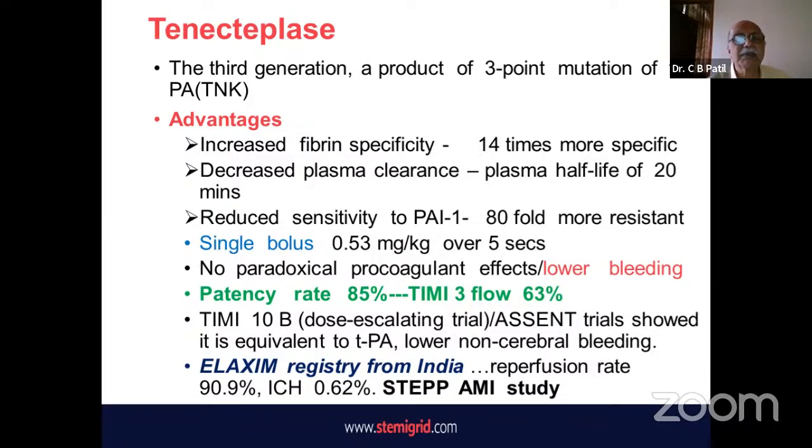That means just a bolus dose. No paradoxical procoagulant effect, and it has lower bleeding. Patency rate is 85%. TIMI-3 flow is 63%, the maximum achieved. TIMI-10B and ASSENT trials showed it is equivalent to tPA with lower non-cerebral bleeding. And in the ELAXIM registry from our own country, the reperfusion rate achieved is almost 91%.